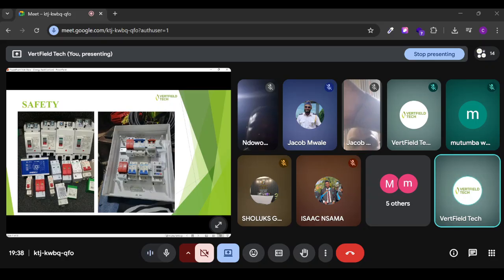However, for this basic course, we are limiting this training to helping you know and understand how to design a solar system for a residential level.